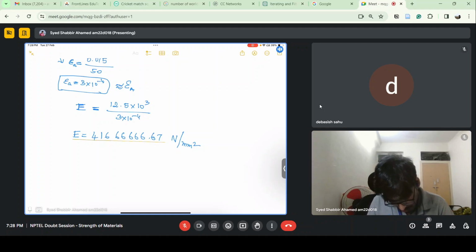So this is the value of Young's modulus, and this is how it is calculated. This is basically the slope of the line.